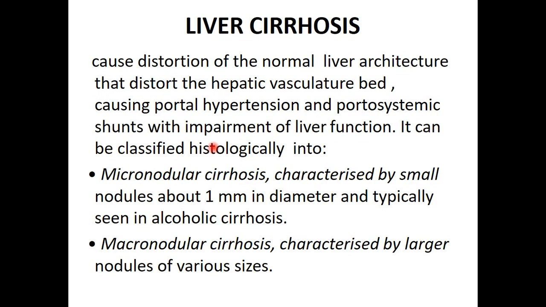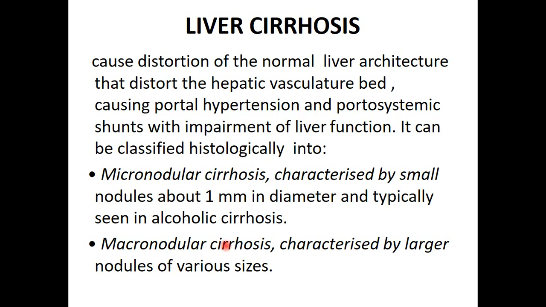Liver cirrhosis causes distortion of the normal liver architecture that distorts the hepatic vasculature bed, causing portal hypertension and portosystemic shunt with impairment of liver function. It can be classified histologically into two types, either micronodular cirrhosis or macronodular cirrhosis, according to the size of the nodule.